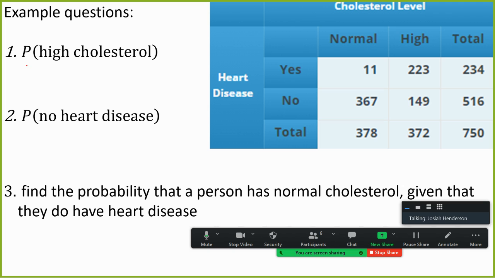That's our target, out of the total number of people altogether. So how do we set that up? The total number with high cholesterol is 372. Total number of people altogether, 750.